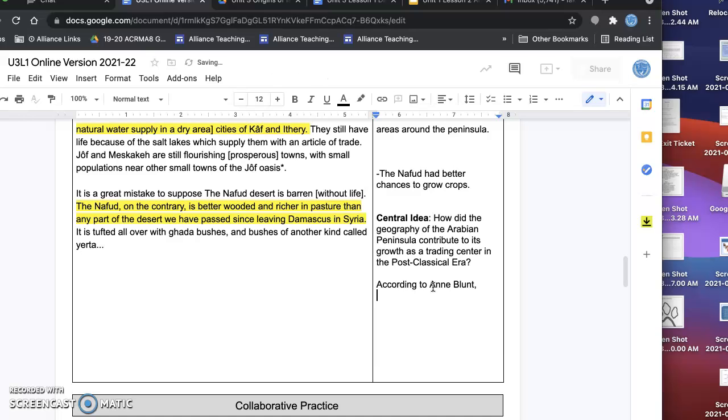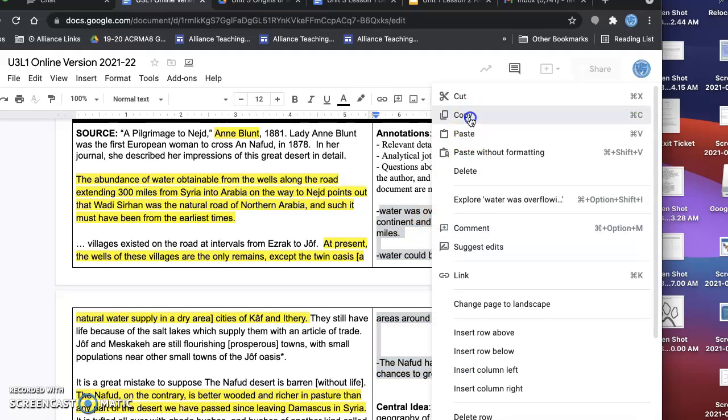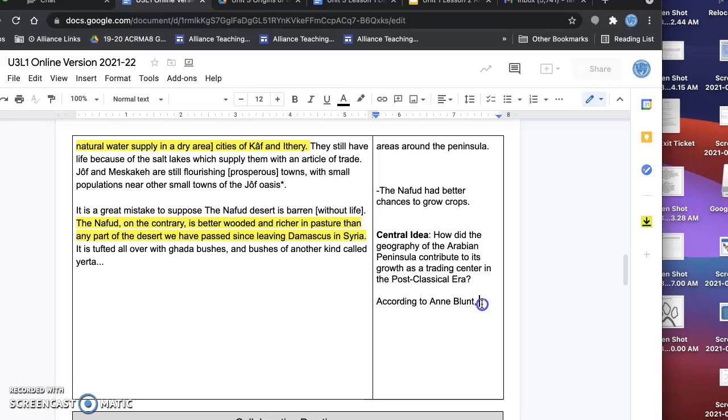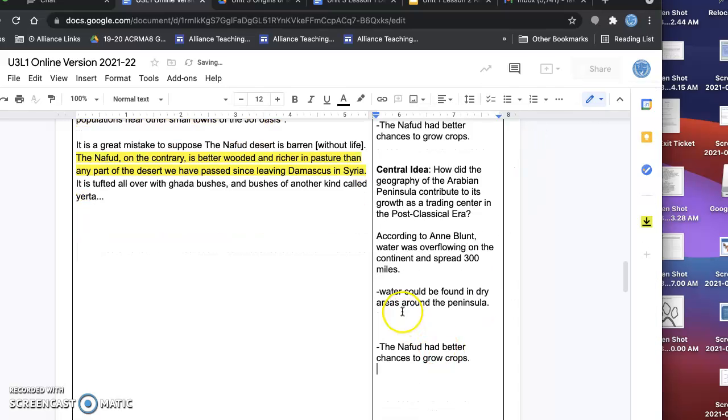now with all my annotations, these are all my own words, so I can copy my own words because I annotated it. I'm going to click copy, paste. Okay, I'm going to fix this up.